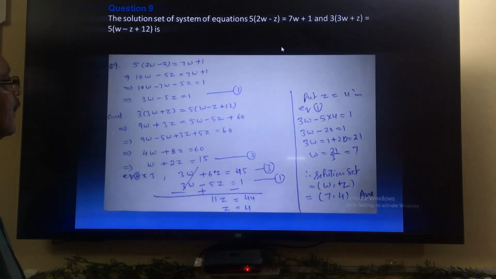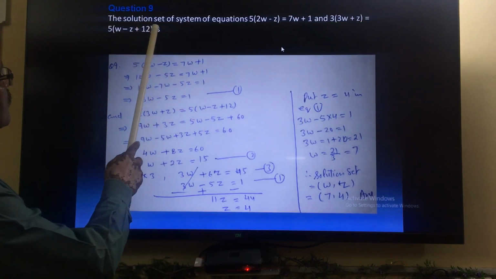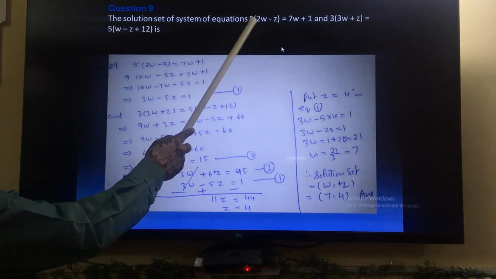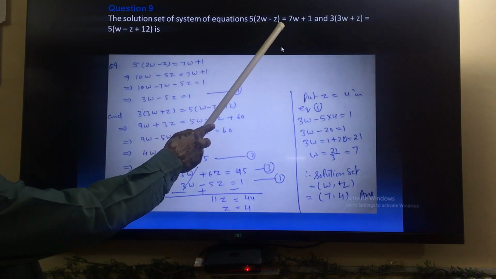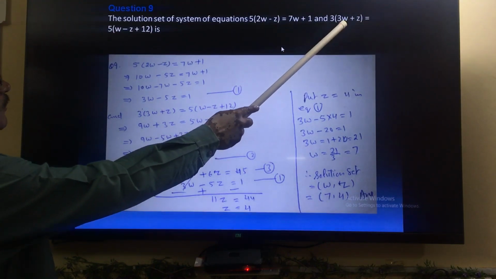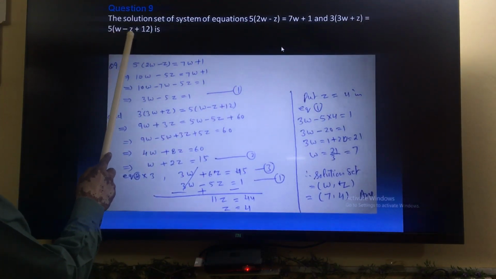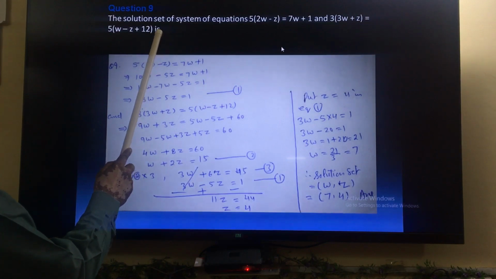Question number 9. It is also the same type. The solution set of the system of equations 5(2w minus z) is equal to 7w plus 1, and 3(3w plus z) is equal to 5(w minus z) plus 12. We have to find the solution set of these two equations.